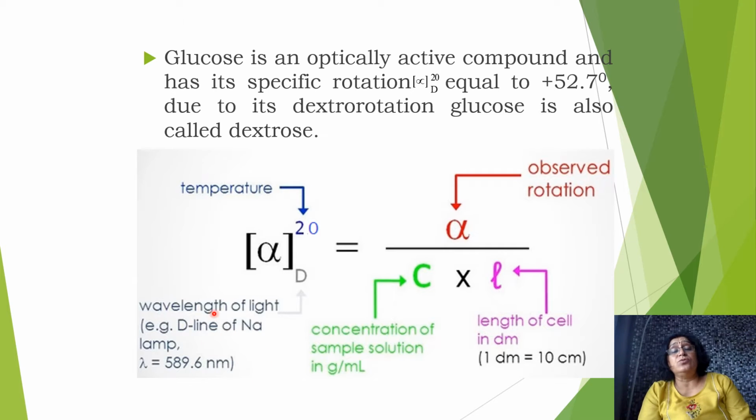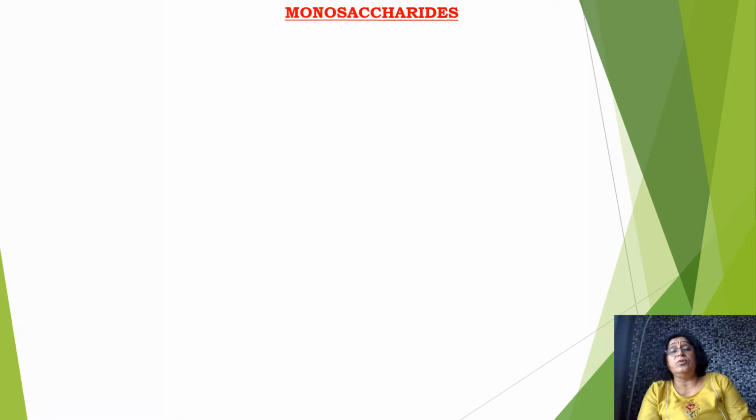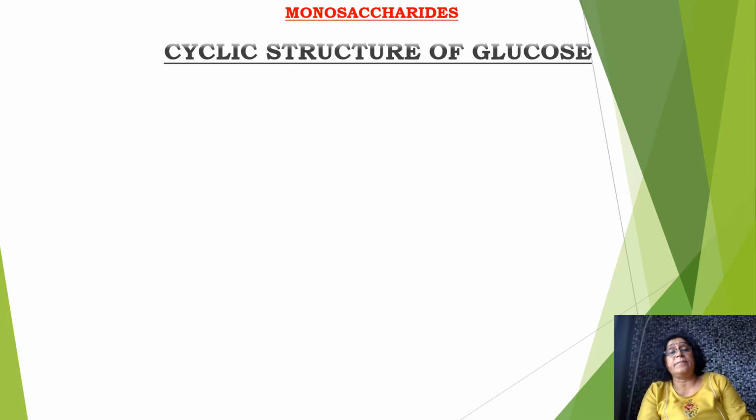So this light is used for the experiment. Here alpha stands for observed rotation, C is the concentration of sample solution in grams per ml, and L is the length of the cell in decimeter. And we all know that 1 decimeter is equal to 10 centimeters.